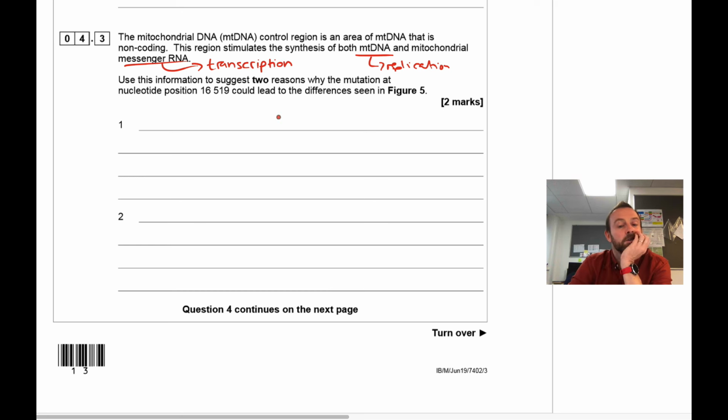Use this information to suggest 2 reasons, maybe it's one about each thing, why mutation at nucleotide position 1616519 could lead to the differences seen.